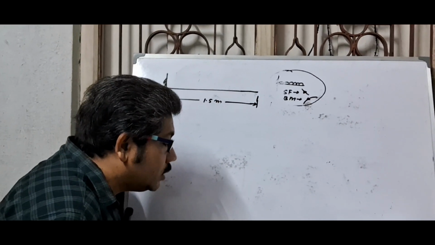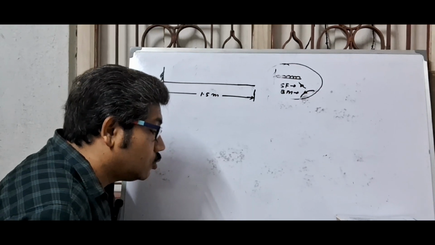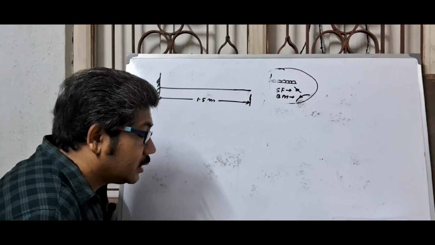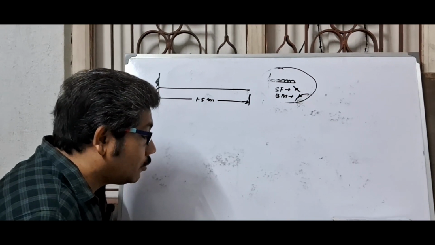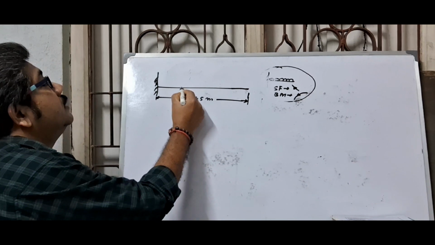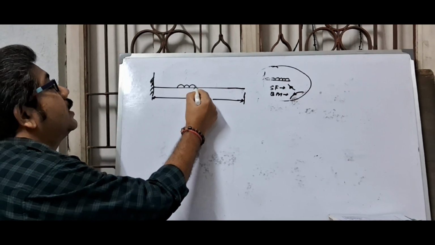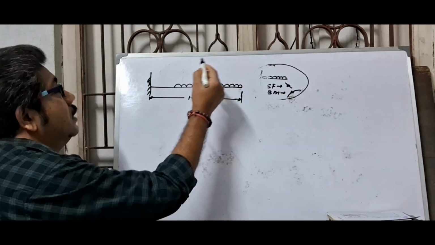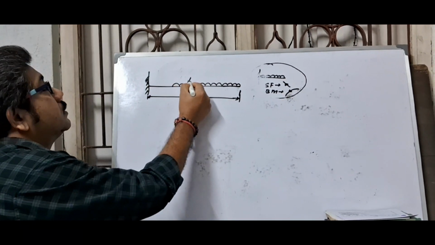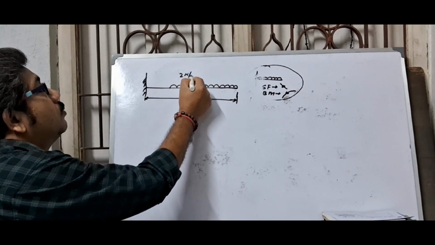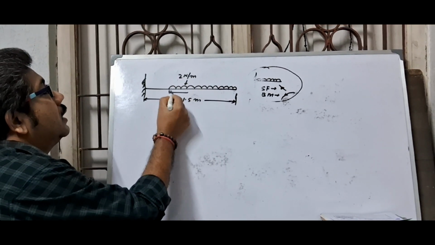1.5 meter long, loaded with a uniformly distributed load of 2 Newton per meter run over a length of 1.25 meter from the free end. From the free end, this is 1.25 meter UDL, 2 Newton per meter.